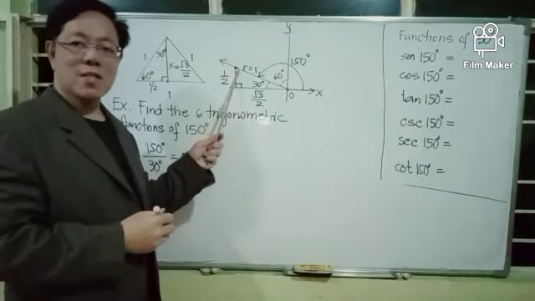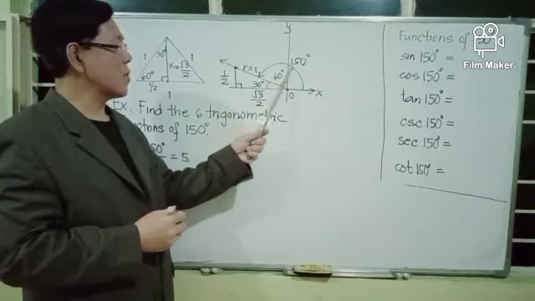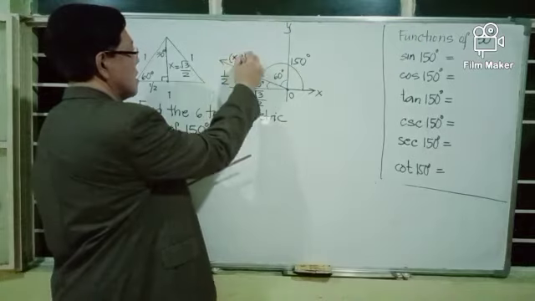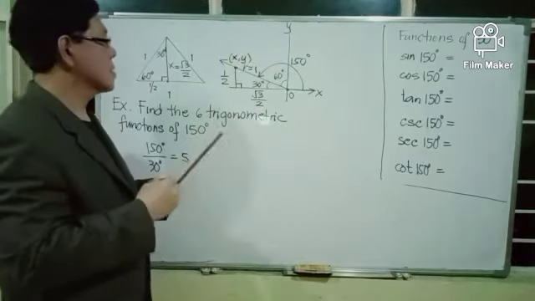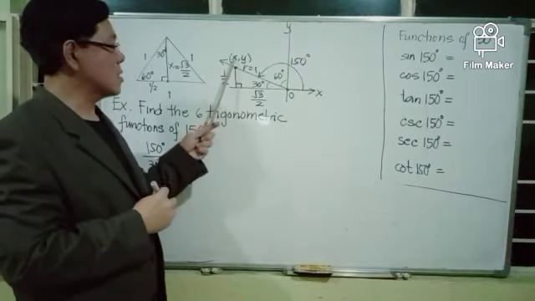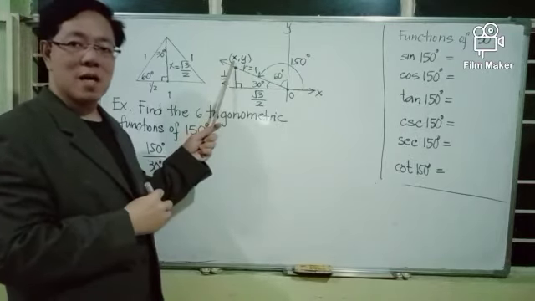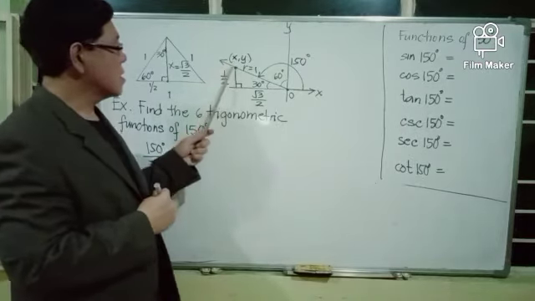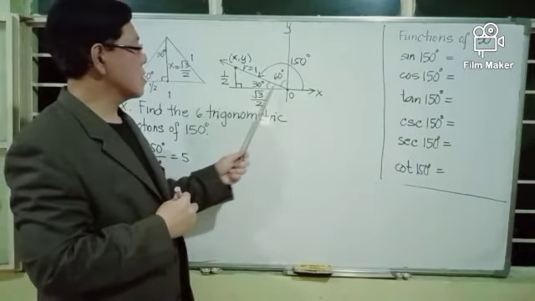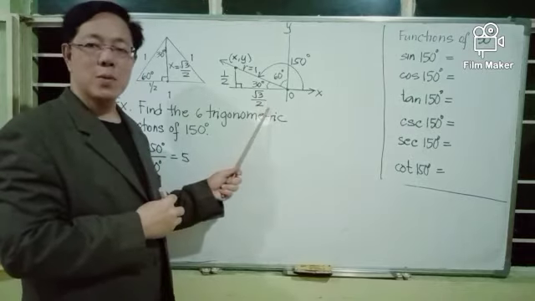Now the coordinates of this point on the terminal side of 150 degrees are denoted by x and y, where because this point is in the second quadrant, the value of the abscissa x is negative. The distance of this point from the y-axis is square root of 3 over 2 units.